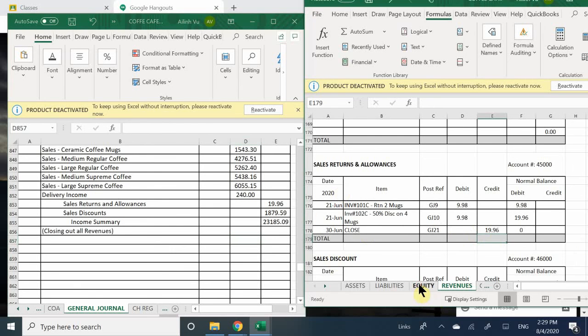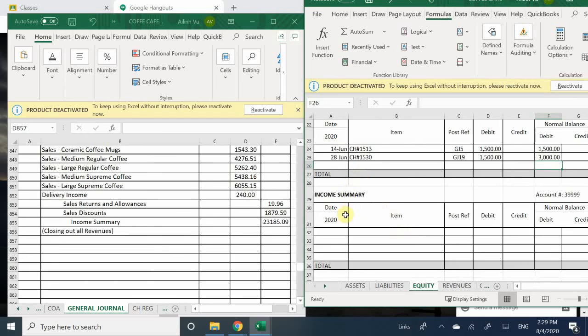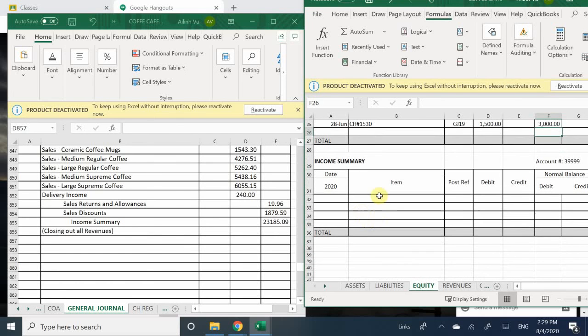So that means now that I enter all of that information in my accounts, I can also update my equity account. I go to my equity account. All right, this is part of your exam, okay? Be sure that you know this. Once you zero out all your revenues, you're going to make a note in your ledger saying closed out revenues, general journal number 21. And it is for a credit balance, okay?